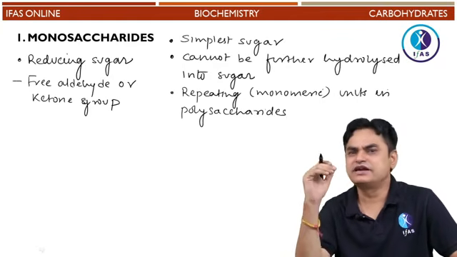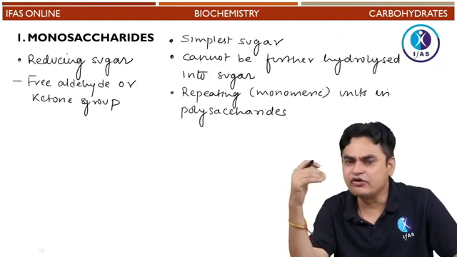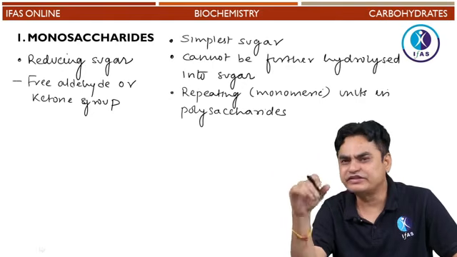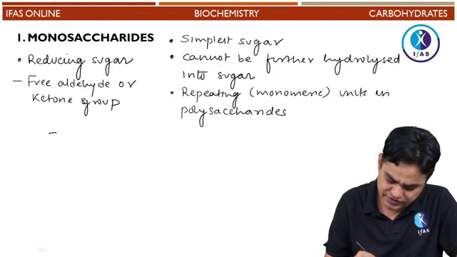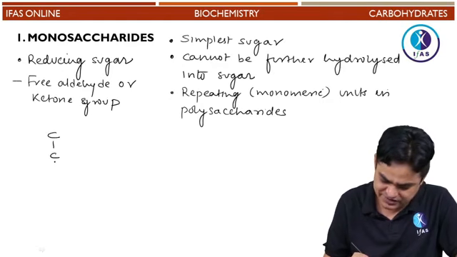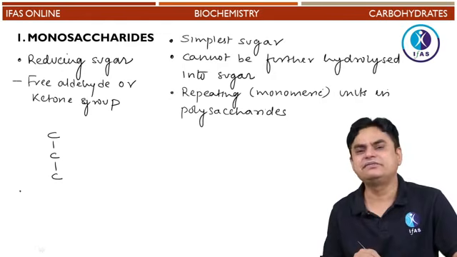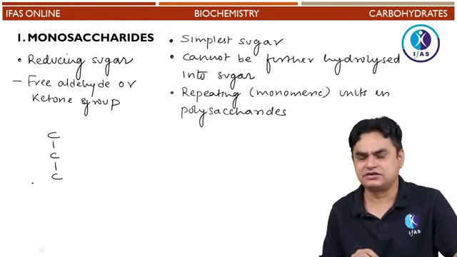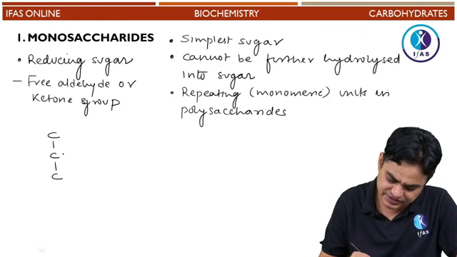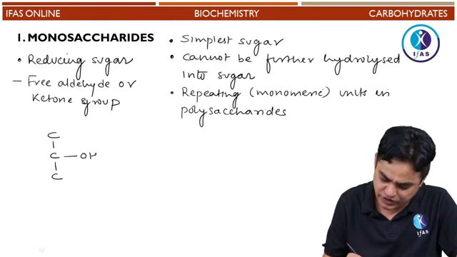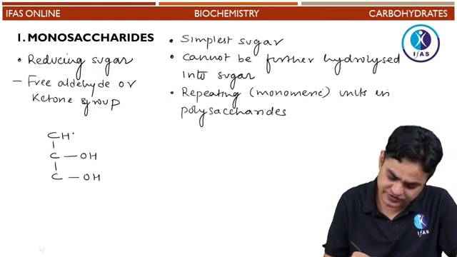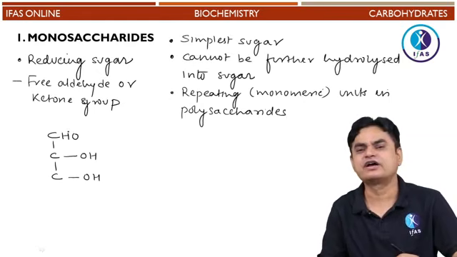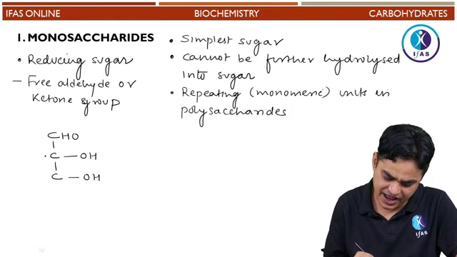Now, monosaccharides, depending upon the number of carbons, may further be divided into triose, tetrose, and so on. The smallest sugar which can technically be classified as a carbohydrate has 3 carbons, because for at least 2 carbons you need an OH group, and at 1 carbon you need an aldehyde group.